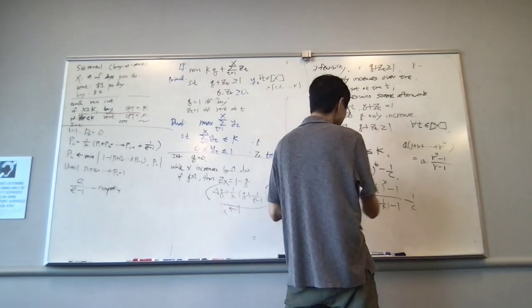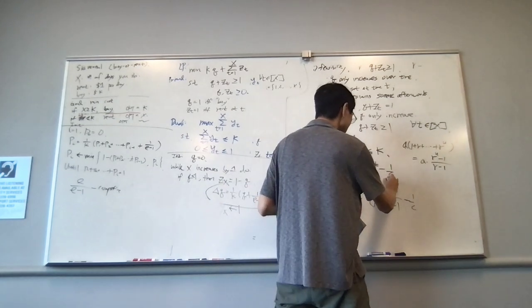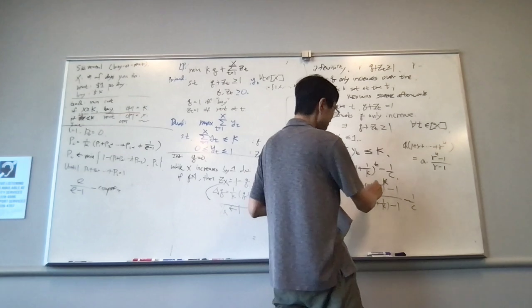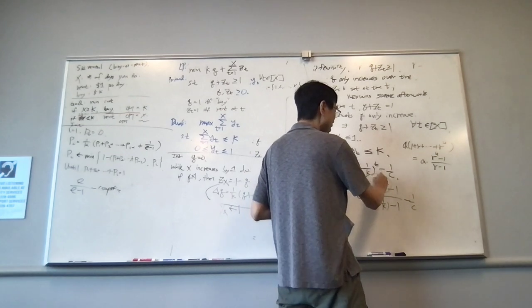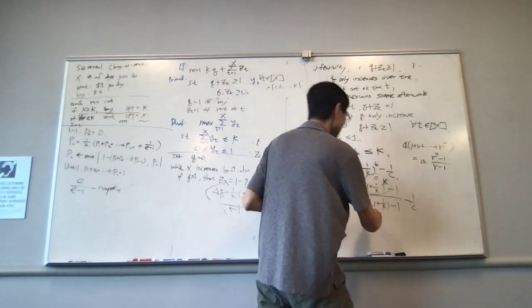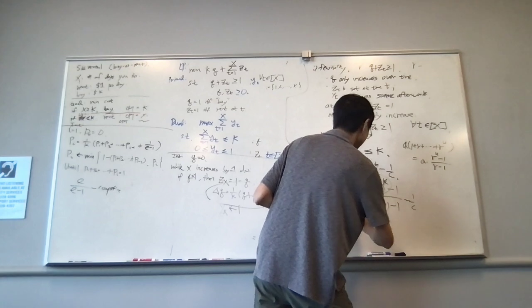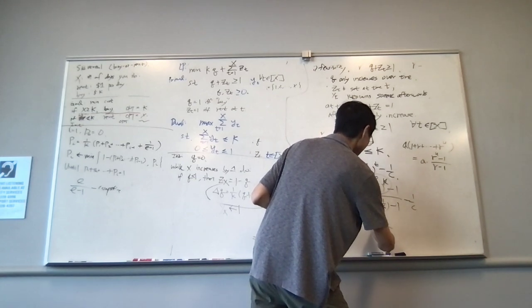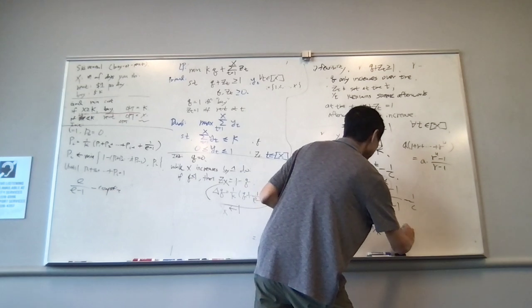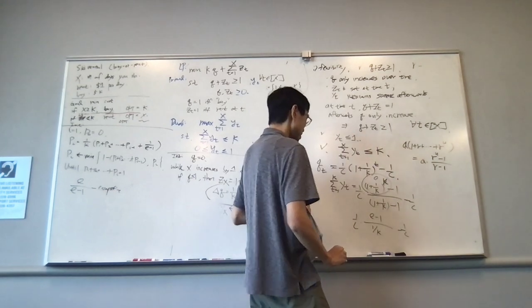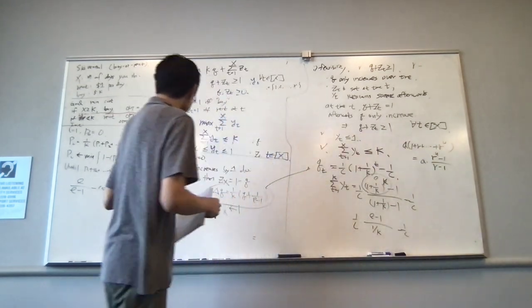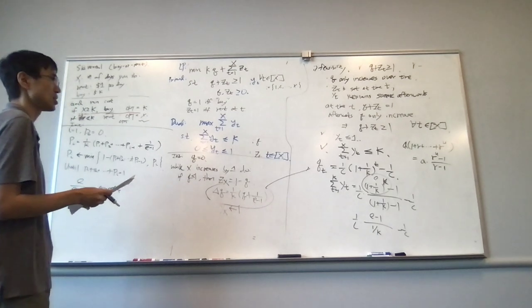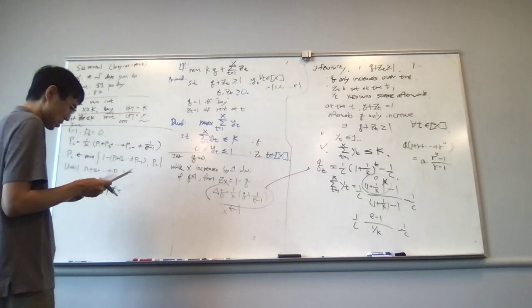Therefore this will become k, and you see this is like a log e. So e minus 1 over c. This will be 1 over k minus 1 over c. What is c here?